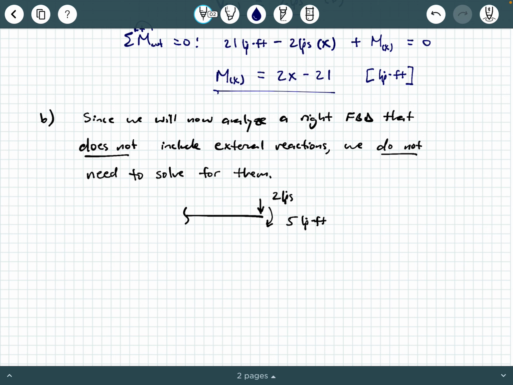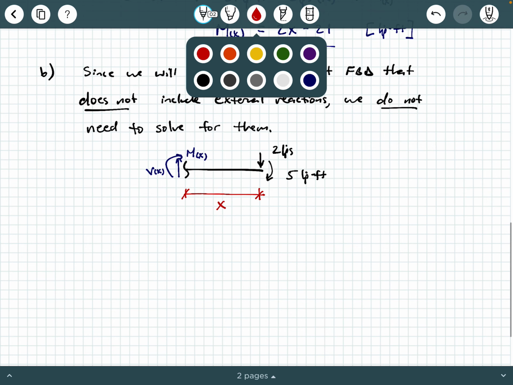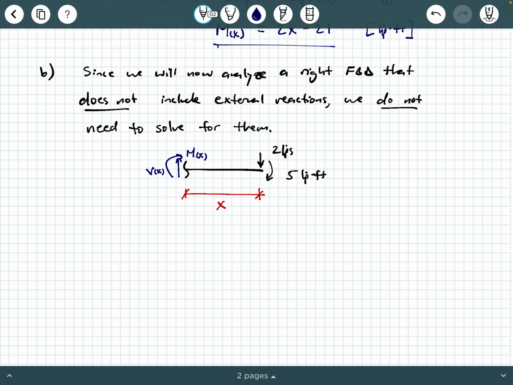What becomes visible at that cut? I've got my internal shear force V as a function of x, and my bending moment M as a function of x, and I have a normal force as well, but that's going to be 0. I'm going to draw my arbitrary distance x coming from point B.